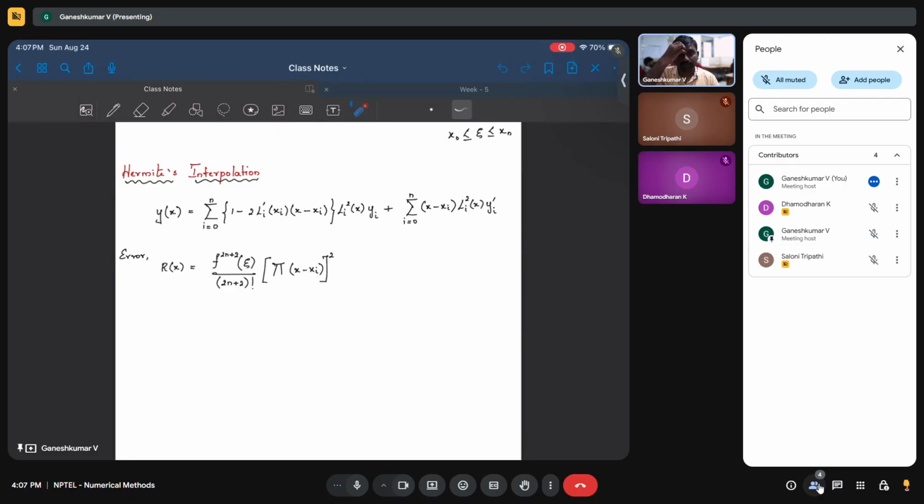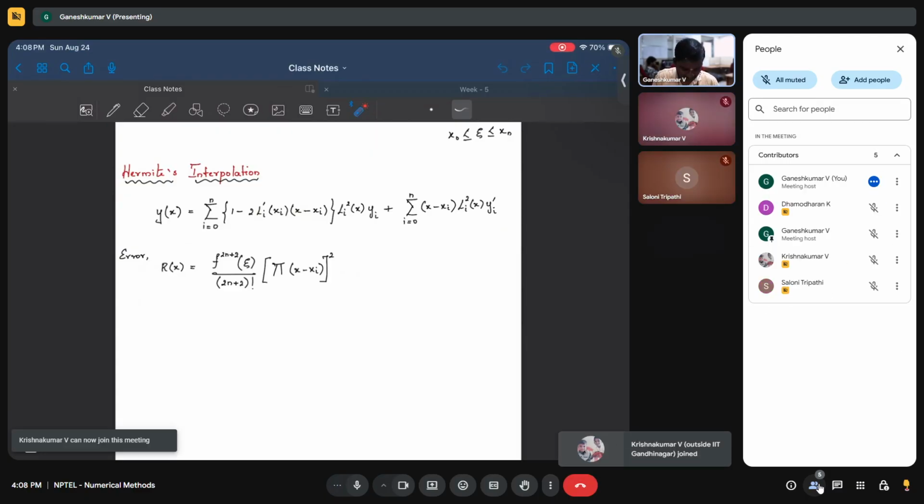You can have 2n plus 1 as your polynomial degree. That's the special feature of this Hermite polynomial. So basically you will also use the derivatives available at those data points to construct your interpolating polynomial in such a way that it gives minimum error. That's why your error is also, if you calculate the error for that, then it will be of higher order.